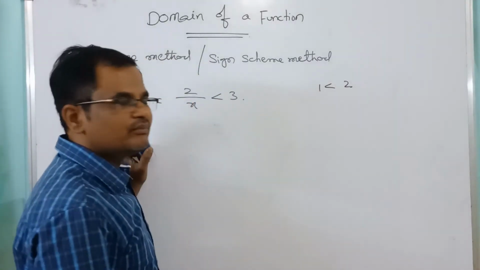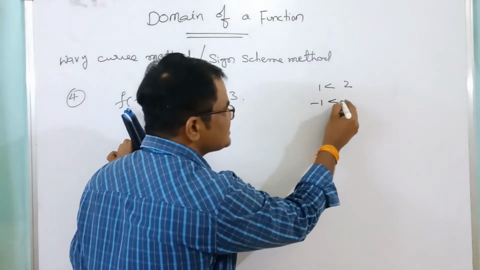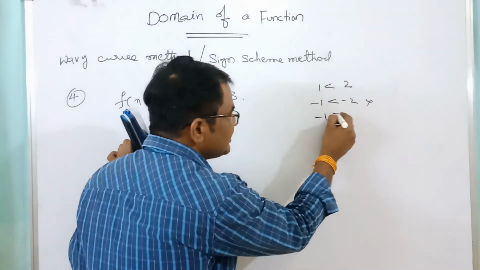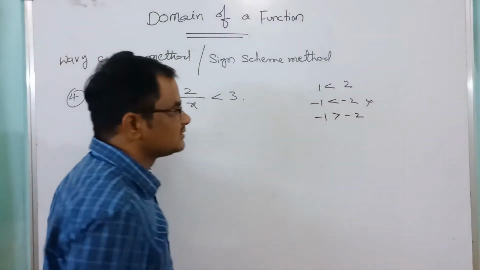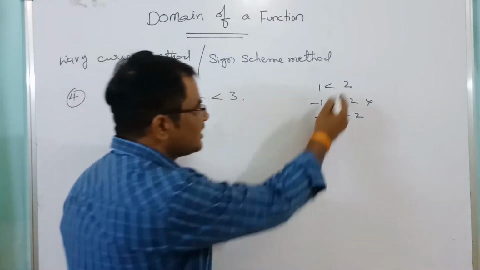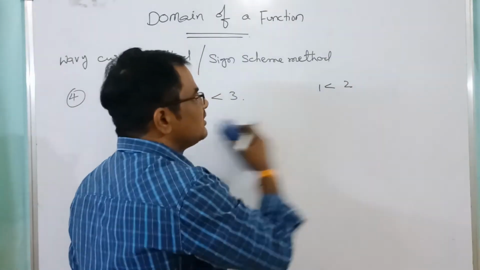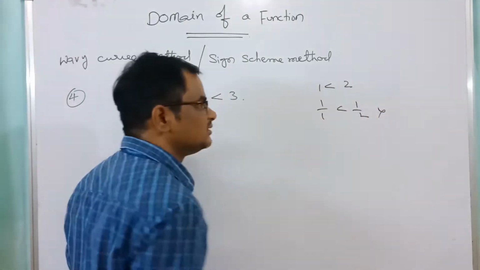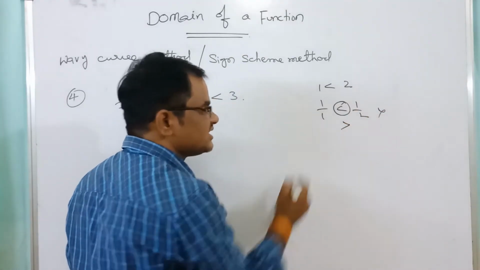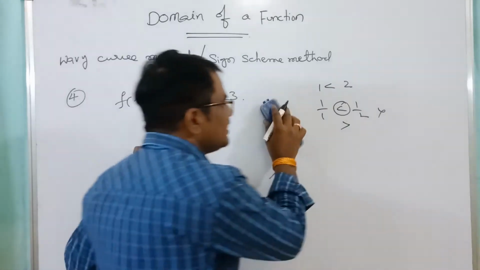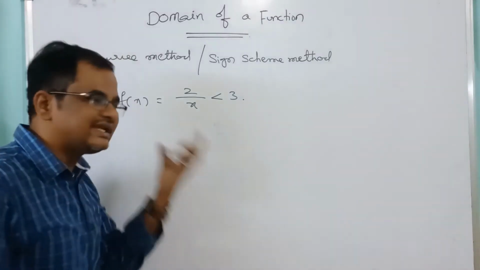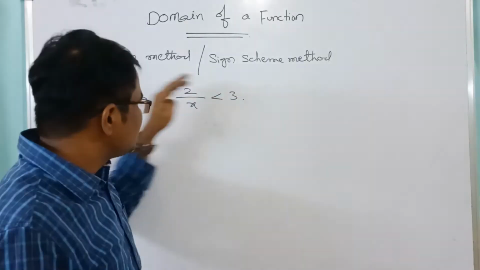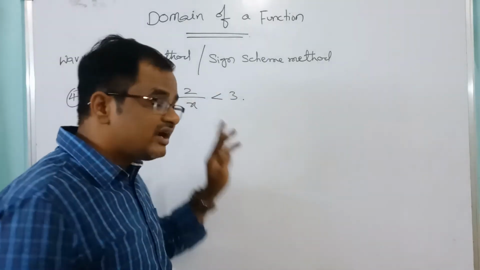If you multiply with minus, minus 1 less than minus 2, is it true? It is false, so the inequality will change. Whenever you take the reciprocal, 1 by 1 less than 1 by 2, is it correct? No, so this inequality will change. Here we don't know whether x is negative or positive, so if you multiply with x, the inequality may change.